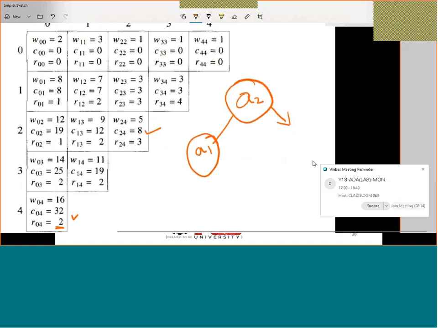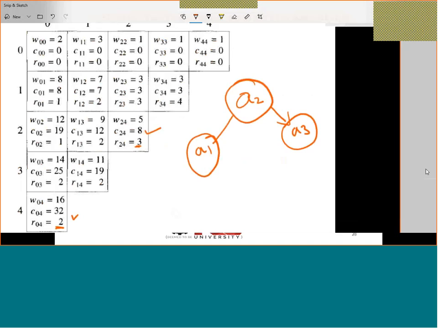So C of 2 4 contains A3 and A4. The root element is A3. So the left subtree contains nothing, and the right subtree contains A4, because A4 is greater than this one.